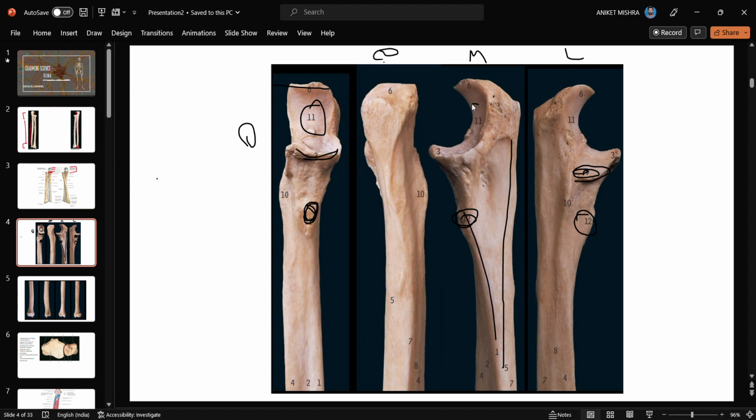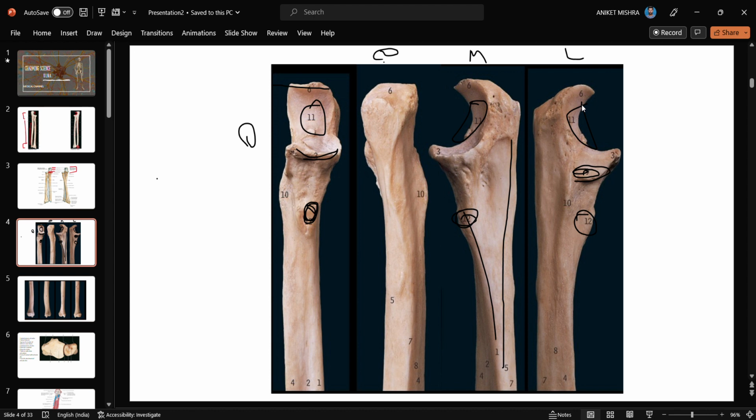Here the trochlea articulates to form the elbow joint, or humeroulnar joint. The radial notch articulates with the head of the radius to form the superior radioulnar joint.